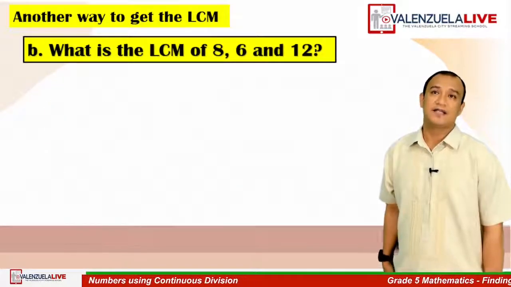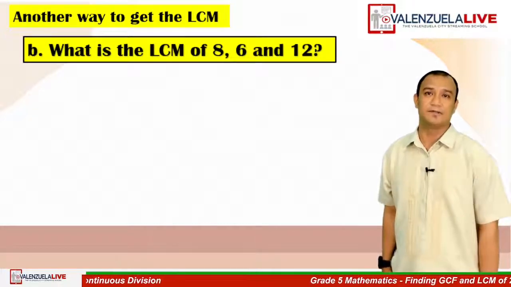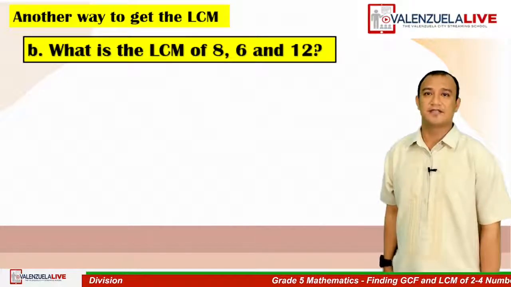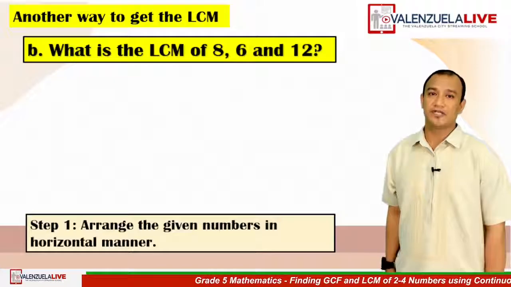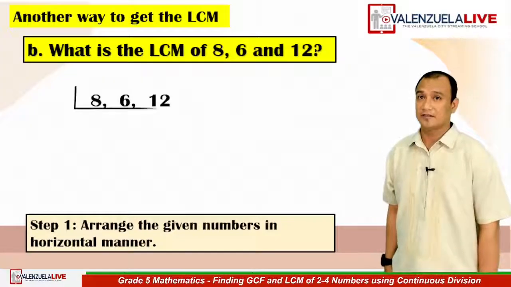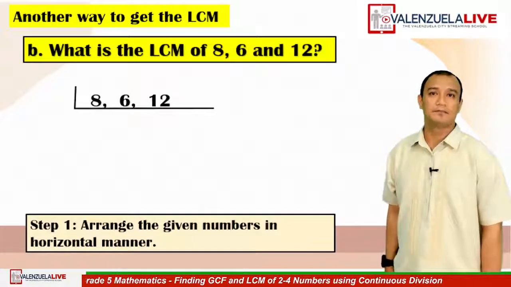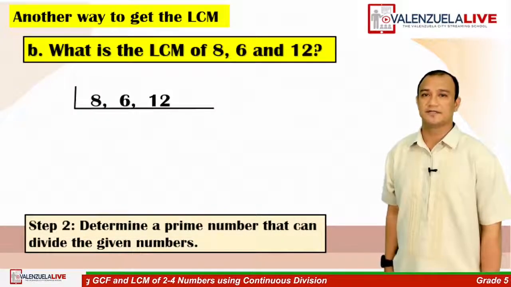Now, let's have another way to get the LCM using the same example. Let's try these steps. For step 1, arrange the given numbers in horizontal manner. So 8, 6, and 12. For step 2, determine a prime number that can divide the given numbers.